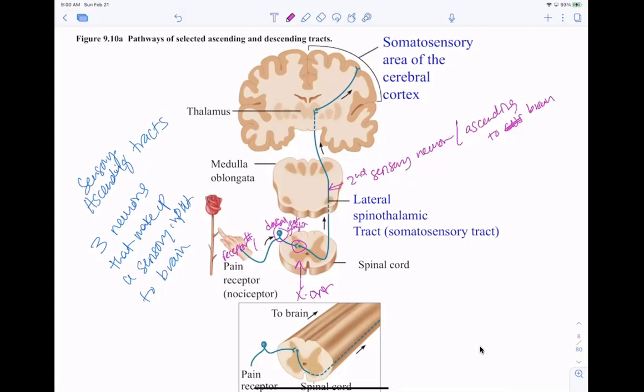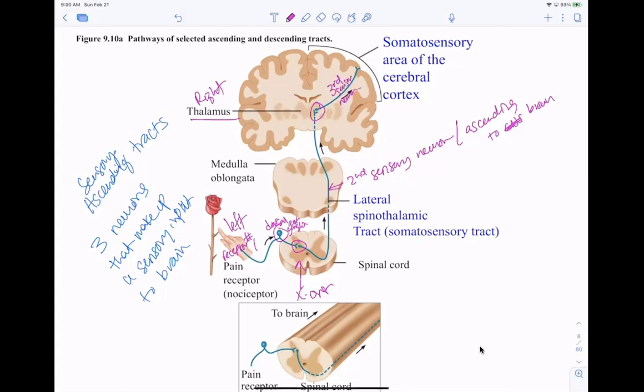That second sensory neuron's crossing over to the opposite side of your spinal cord and going up the opposite side, so the right side. It will go on a right ascending track, and it will synapse in the thalamus on the right side, right? So left receptor, but it synapses on the right thalamic hemisphere, and then will synapse on a third sensory neuron here in the thalamus.